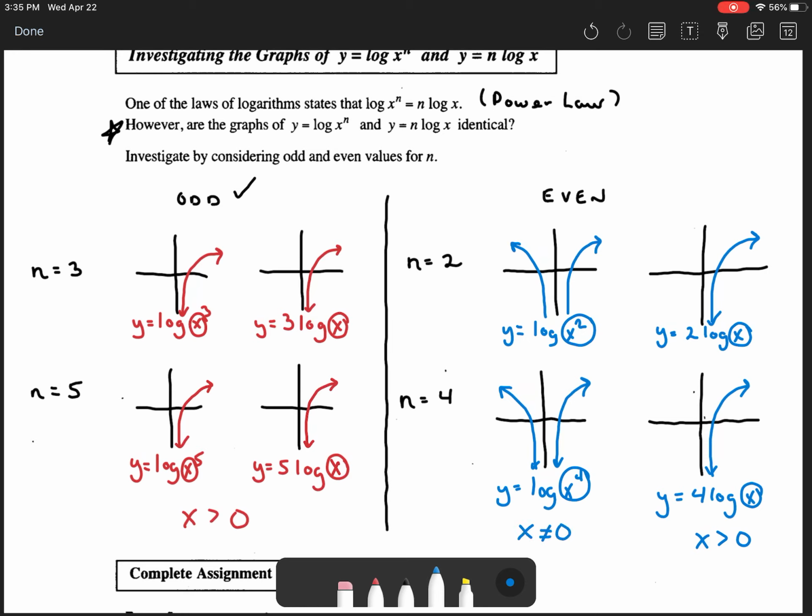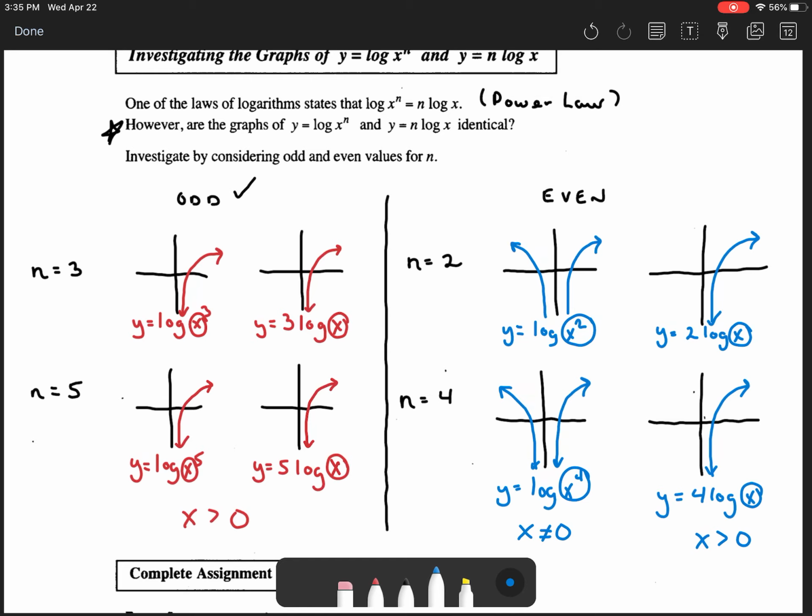However, when I talk about x squared and x to the exponent of 4, the domain basically would be x cannot be equal to 0. I can put a negative number into x squared and x to the 4th because when you square a negative number, it is therefore positive. Same with any x to the exponent of 4. If I put a negative number in there, it will also become positive.